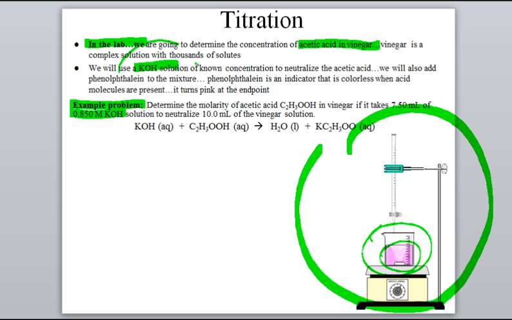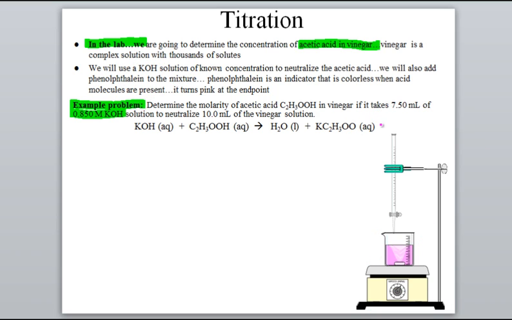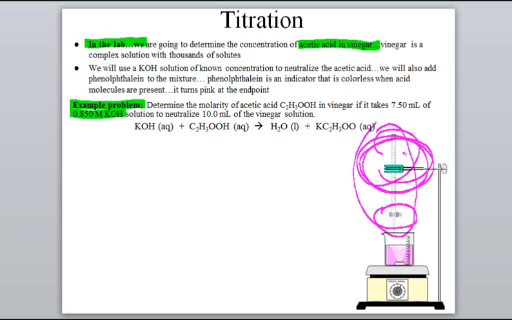So how do we add the potassium hydroxide to neutralize the acid that's in the vinegar? Well, we're going to use something called a burette. And this is a burette. It's a volumetric device. It's graduated. It's kind of like a graduated cylinder, except there's a valve that you open and close, and it allows the potassium hydroxide that's in the burette to flow into the vinegar.